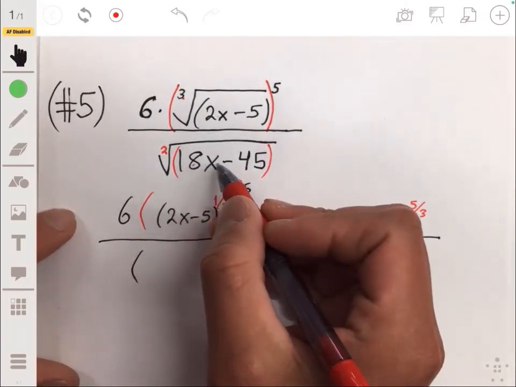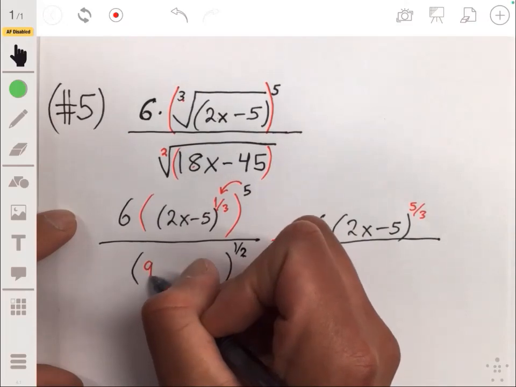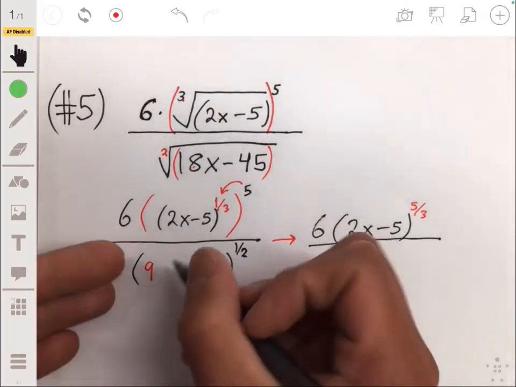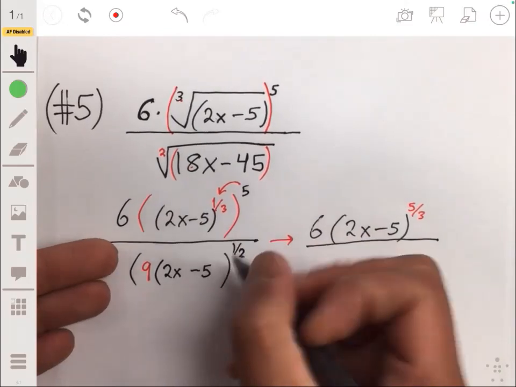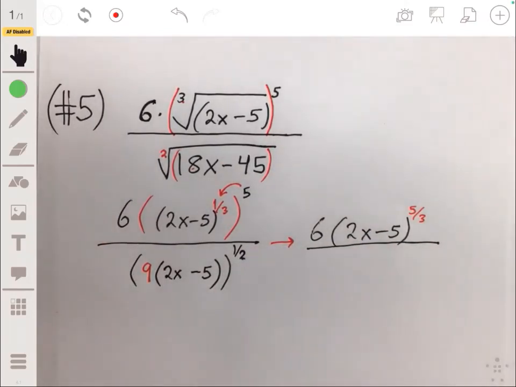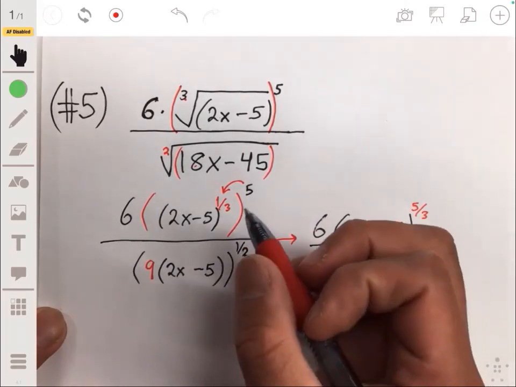And then 18x minus 45, you can factor out a 9. And then you get 9 times 2x minus 5 from there.